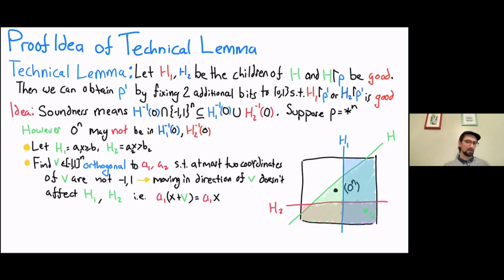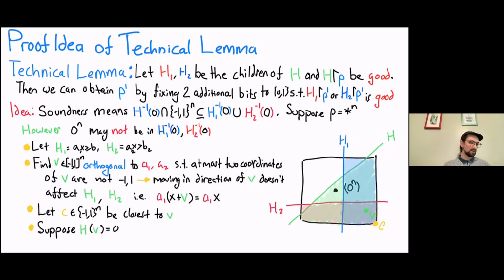Okay, in particular, because V is orthogonal to both H1 and H2, walking in the direction of V doesn't affect the value that the point has on H1 and H2. So A1 of X plus V is equal to A1 of X. We're going to let C be the corner, the Boolean valued point, which is closest to V, and that's the point we're going to walk toward.